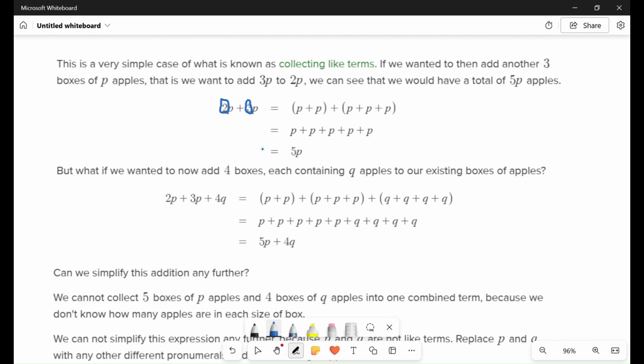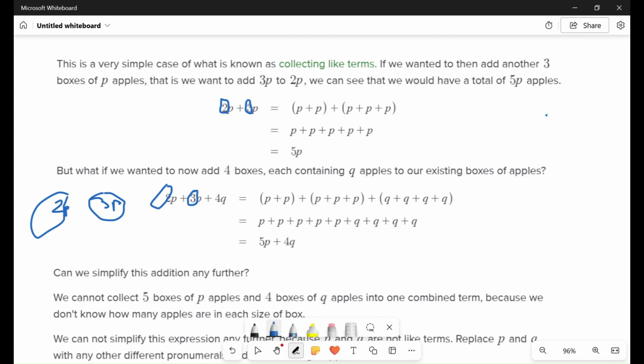But what if we wanted to add 4 boxes, each containing q apples, to our existing boxes of apples? You already have 5p here, but you would not add 4 to it. We know that p and p are the same, so these 2 boxes and these 3 boxes already have the same amount of apples, so we can add them.